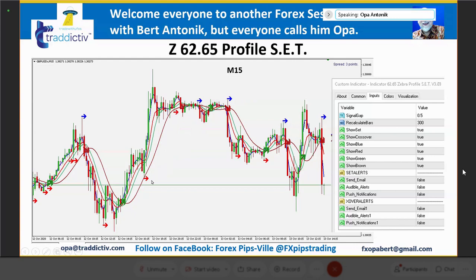So, again, if you're using the SET in conjunction with the profile, when you get a red arrow pointing to the right, and you are looking at a good positive 100% sequence. When I say 100% sequence, it means that the blue is above the red, which is above the green, which is above the brown. This is our highway in here. Our highway is still very strong, showing to the upside.